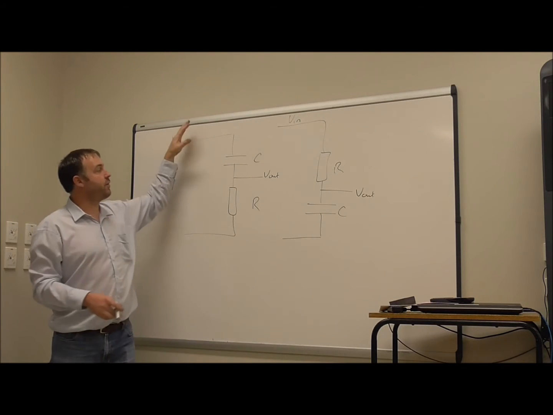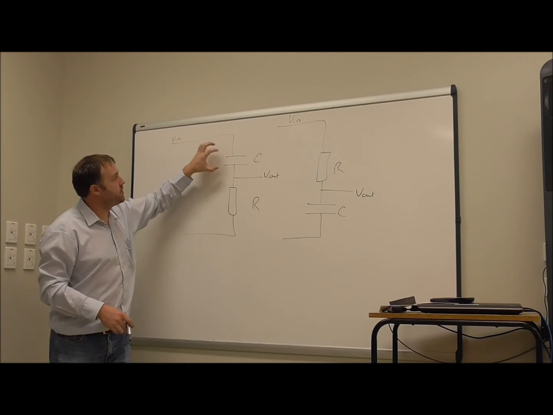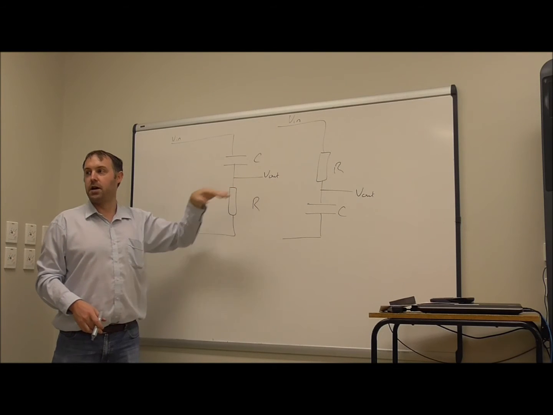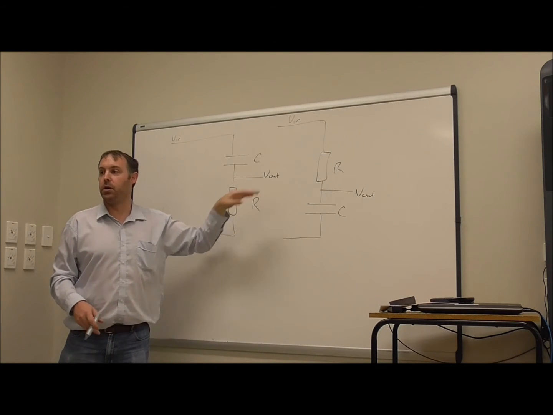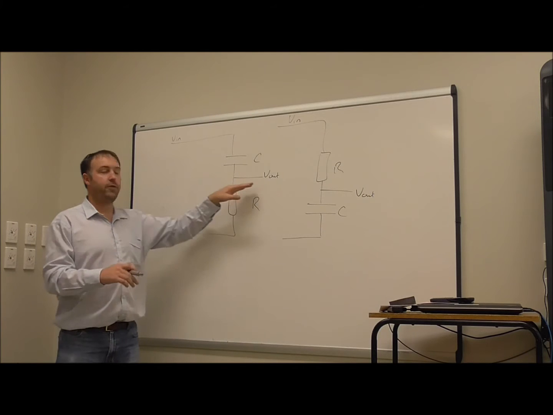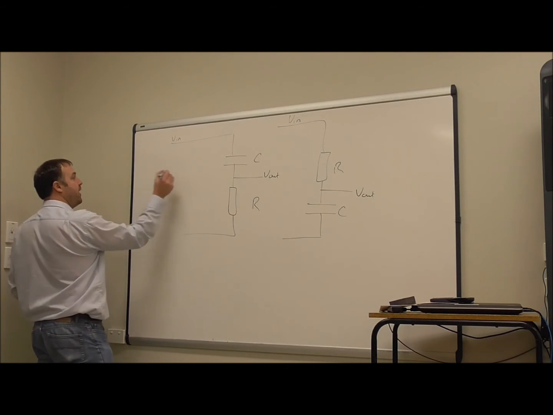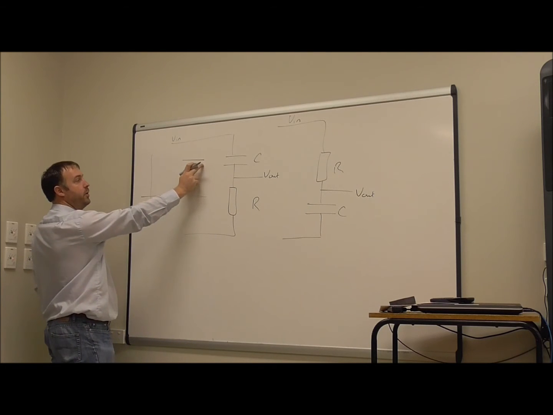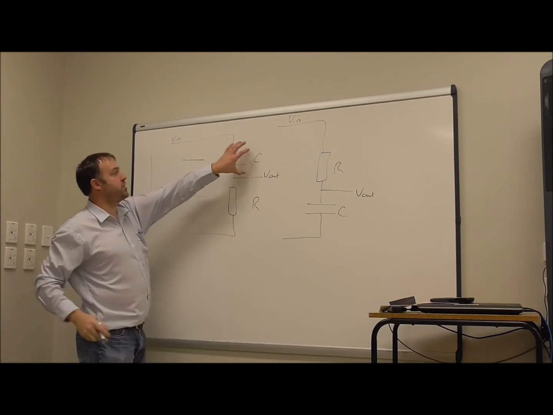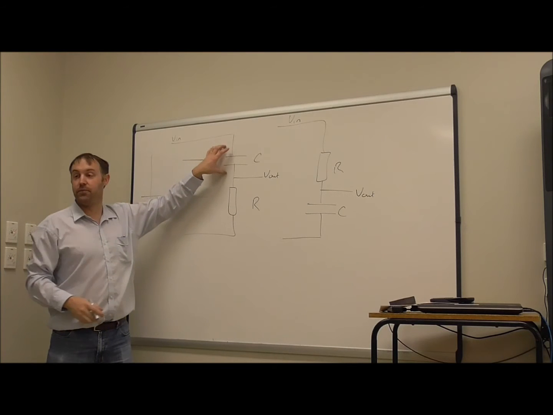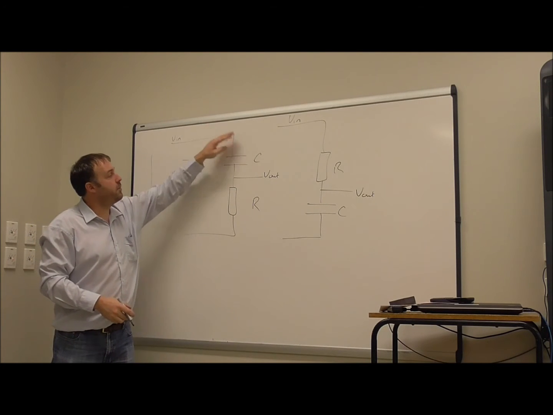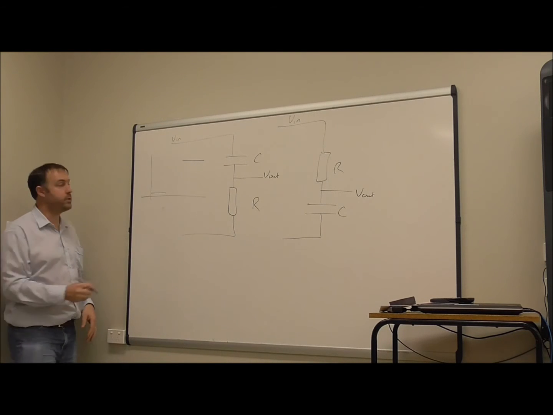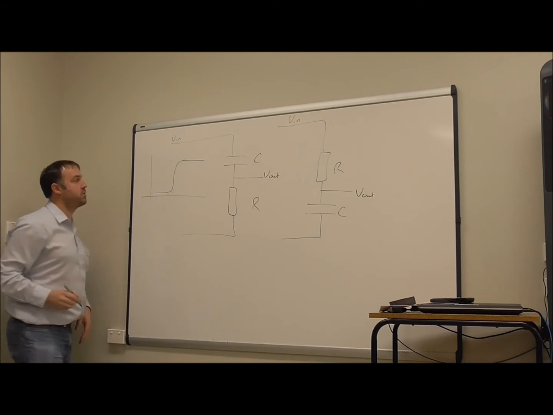And so if I increase the frequency, I'm going to decrease this resistance, which will increase this output voltage. So at high frequencies, the output is going to be higher than at low frequencies. So this one is going to have a response that looks like this. At high frequencies, we've got a higher output. At low frequencies, the reactance of this is very large, and so it pushes this output voltage down. And so at low frequencies, we've got very low response, and that gives us this response.